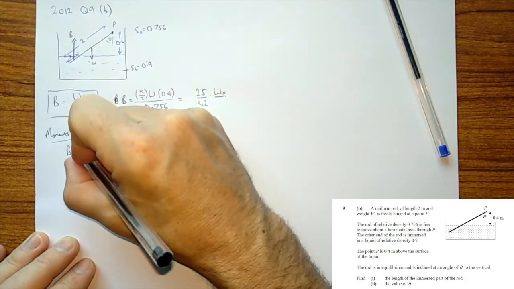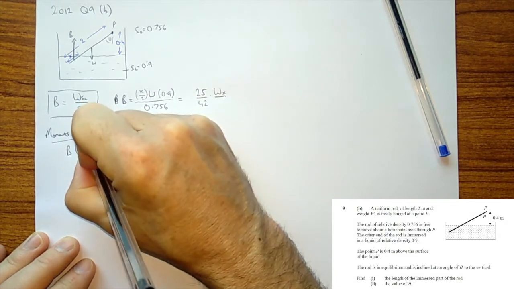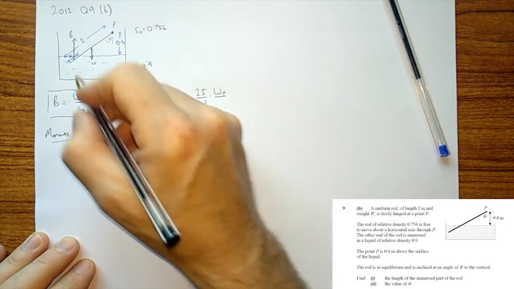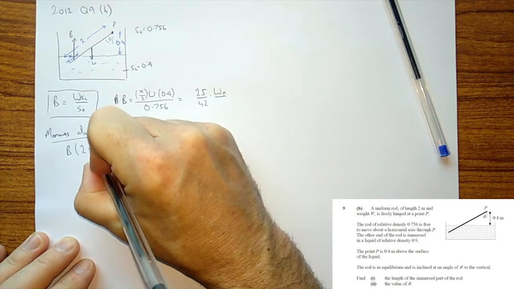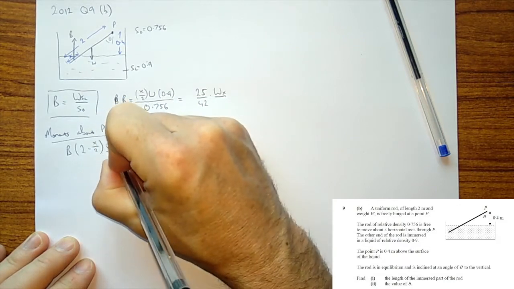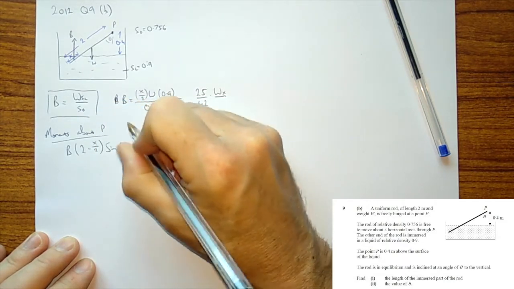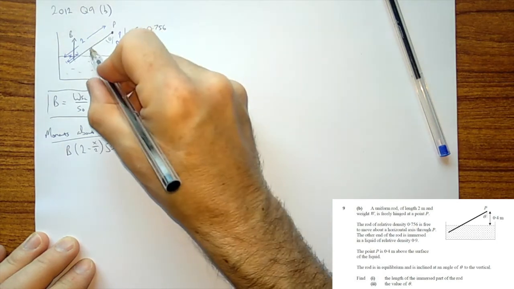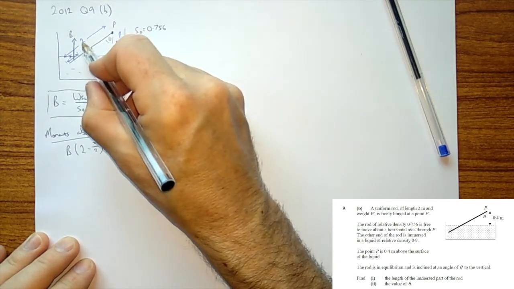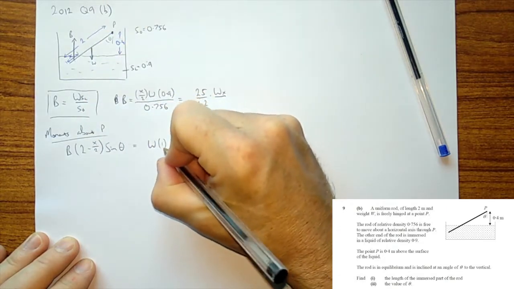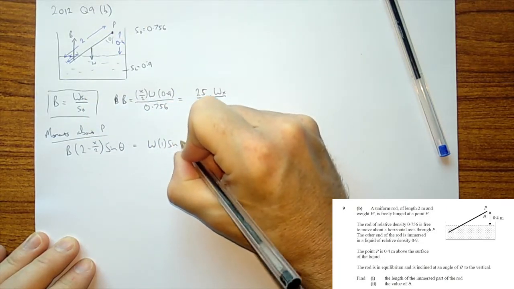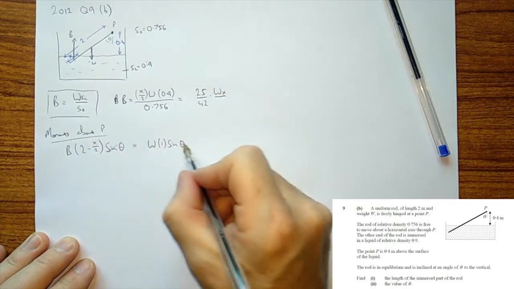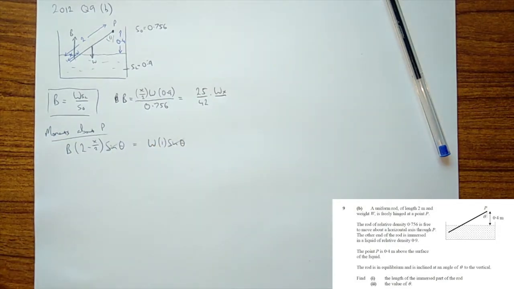The distance here is 2 minus that little bit there, which is x over 2, by sine theta, and that equals the weight by this distance here, which is just half of 2, which is 1, by sine theta. Okay, and we can let go of our sine thetas there.